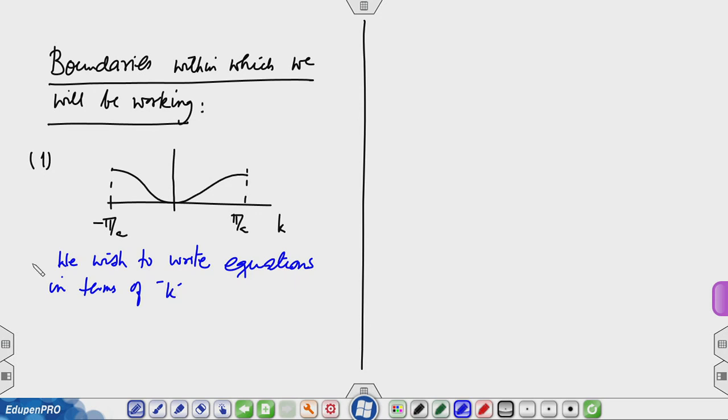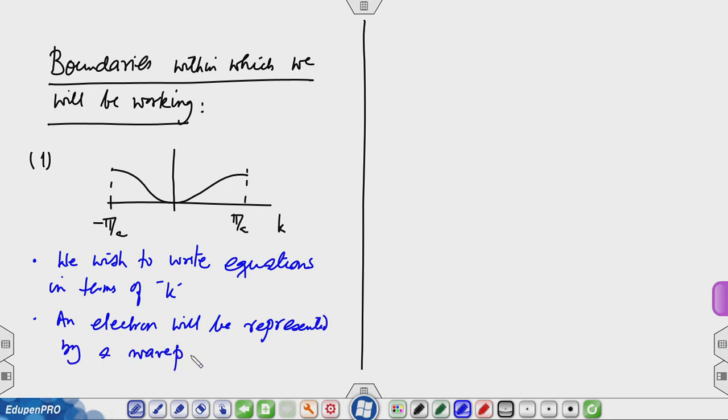Number 2, an electron will be represented by a wave packet, because that is how you localize an electron. So, let us take the first point first.